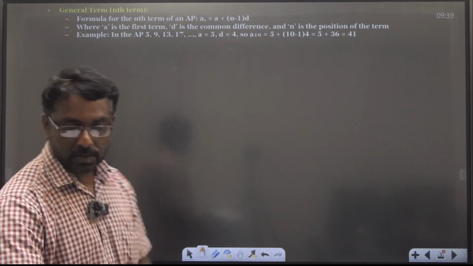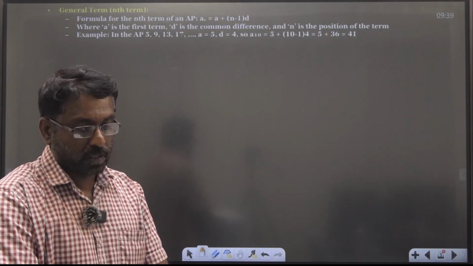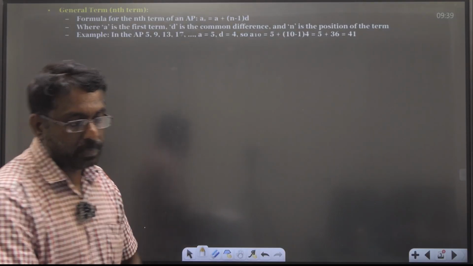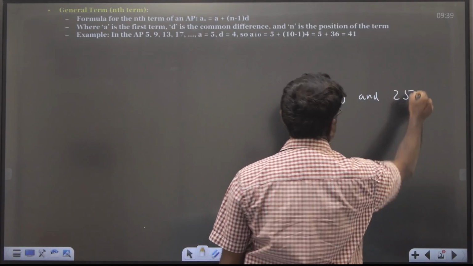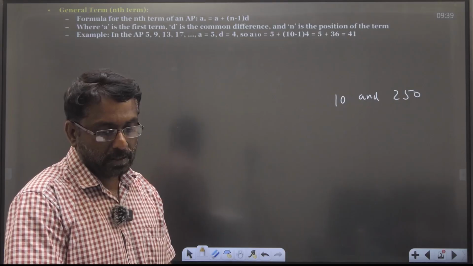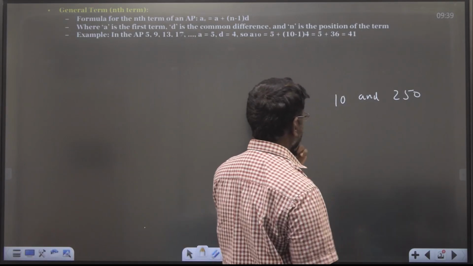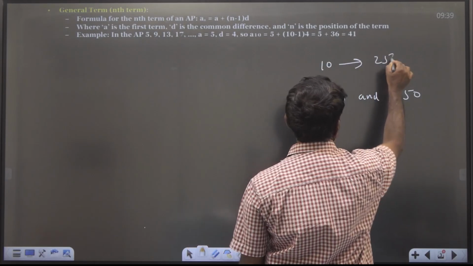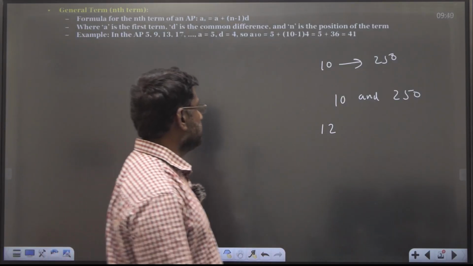Our next question: how many multiples of 4 lie between 10 and 250? What is the first number between 10 and 250 which is a multiple of 4?